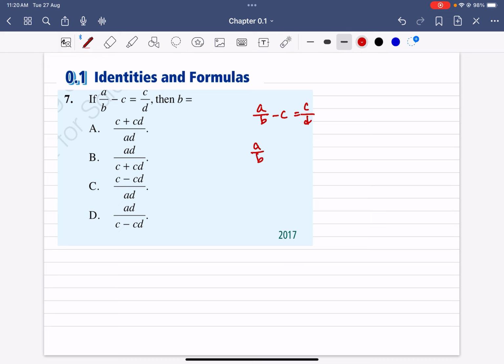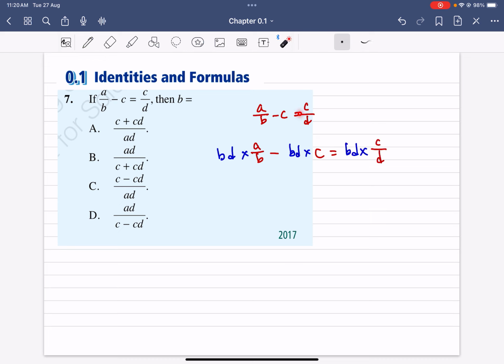You would multiply all the terms by the LCM of the denominators, which is B times D. So each of the terms you have to multiply by BD, and then equals BD times the original term.